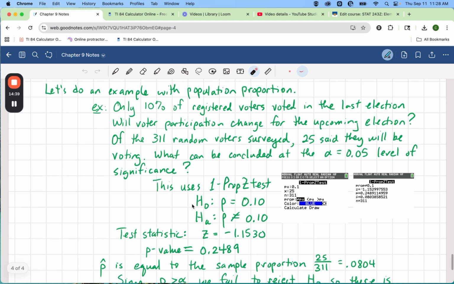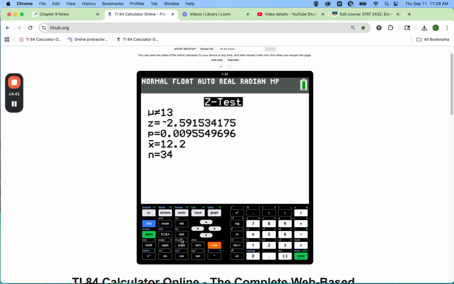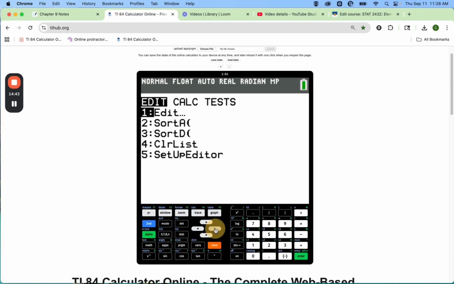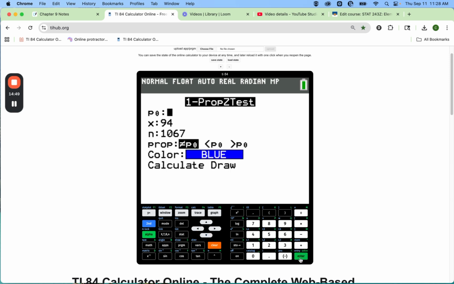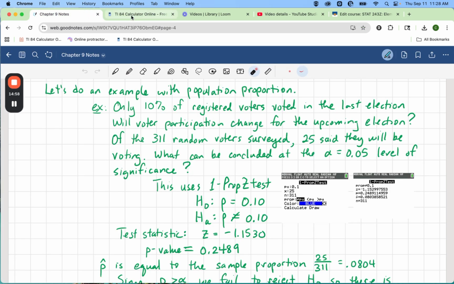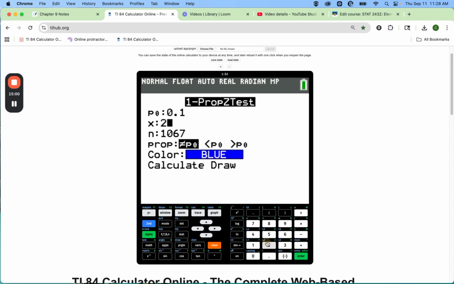I run through one prop z-test. Let's do it. So stat, test. I go one prop z-test is item number 5. Give me my P0, which is 0.1. And then I had what? My data that I collected said 25 out of 311.